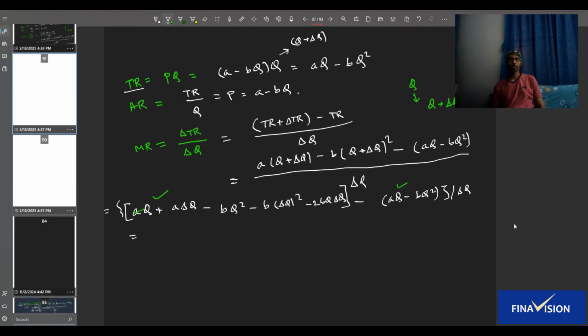This and this cancel out, AQ and AQ, minus BQ², this becomes plus BQ², so they also cancel out.